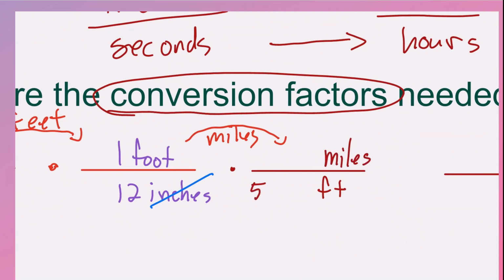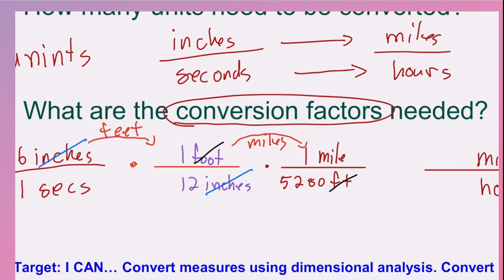There are 5,280 feet in 1 mile. And so I double check: I have feet on the top of one and feet on the bottom of the other, so those will cancel out. And that'll convert my inches to miles.